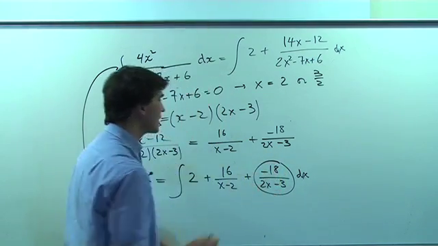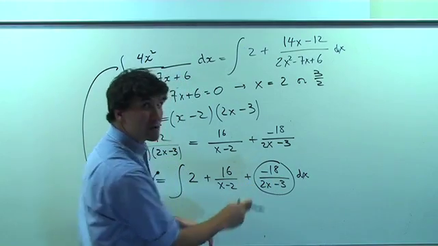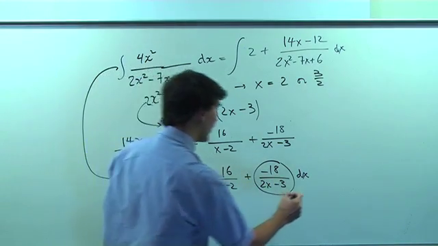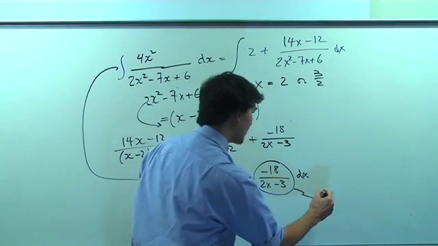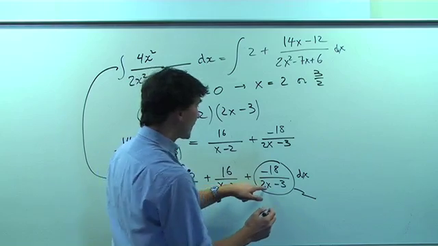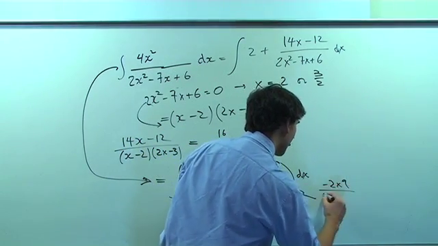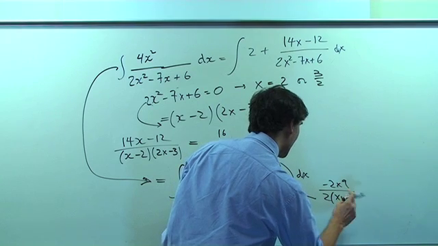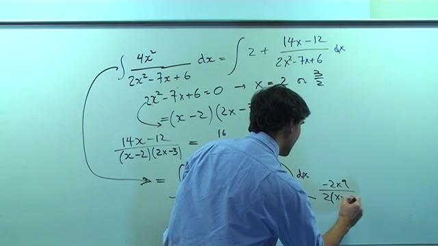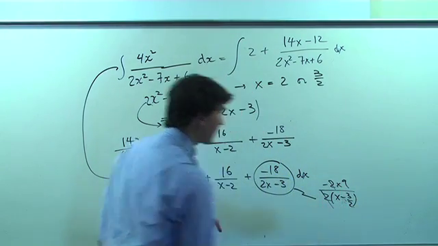You can integrate this thing directly, but it is a little bit easier if we make the coefficient in front of the x equal to 1. So that 18 is 2 times 9. I'm going to write this as minus 2 times 9 divided by 2 times x minus 3 over 2. And then we'll cancel the 2's.